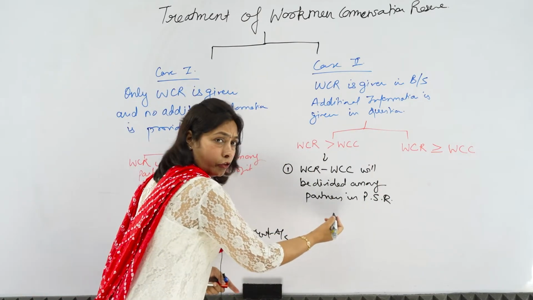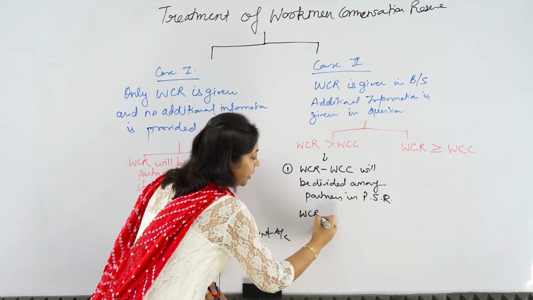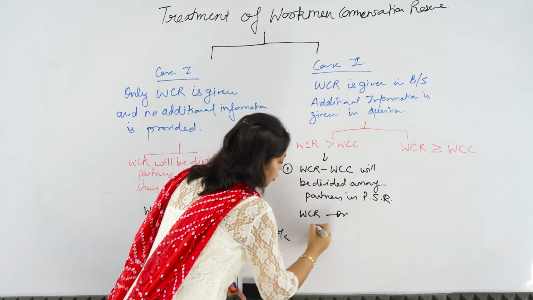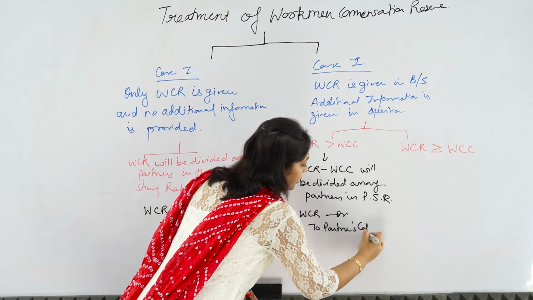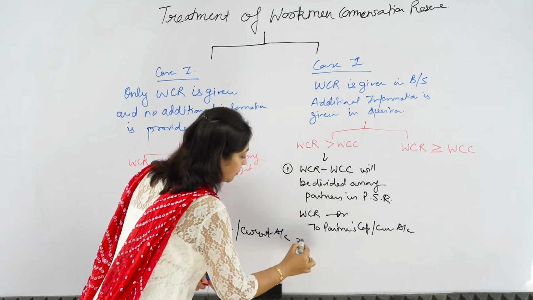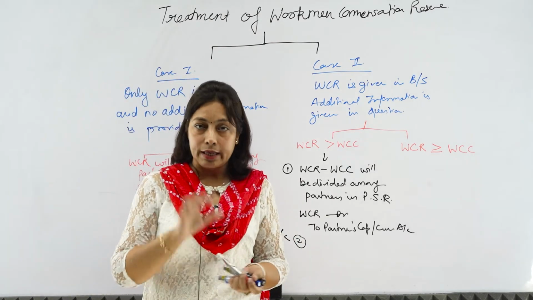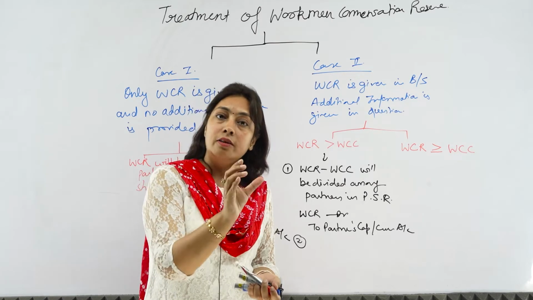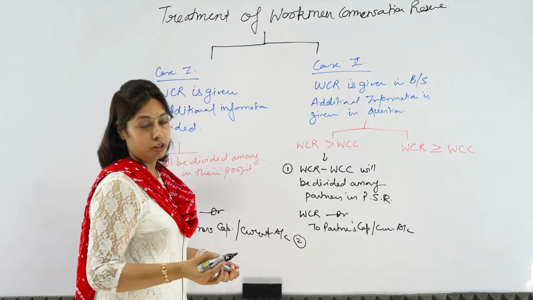Now the entry for this is obviously WCR debit to partners capital or current account. And the amount which is left, the amount of reserve equal to the amount of claim, will be transferred to realization account.